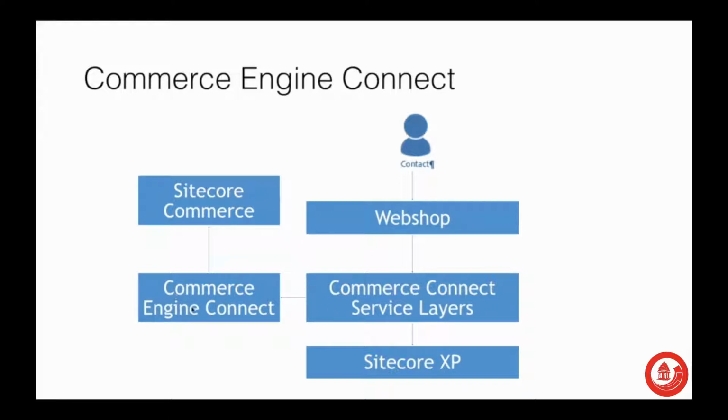This is custom code that we usually write, but in the case of Sitecore XC9, Sitecore provides you the commerce engine connect. So when the user adds the item to cart, it calls the specific class inside the commerce engine connect, and that class is responsible for talking to the Sitecore commerce. The commerce engine is here.